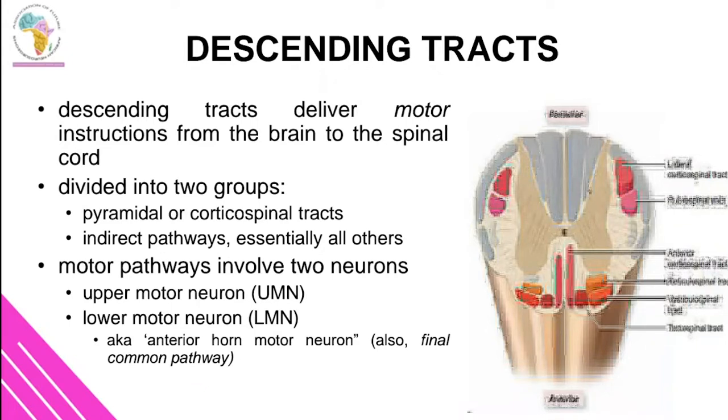The motor response has to be given and sent down until it reaches the specific organ that needs that response. So the motor response, via action potentials, will be sent via the descending tracts. That's the importance of these descending tracts.